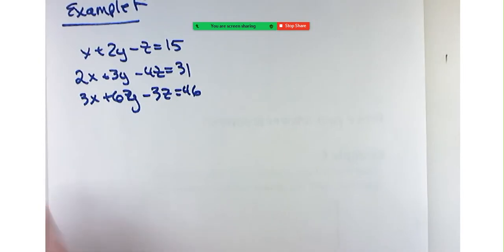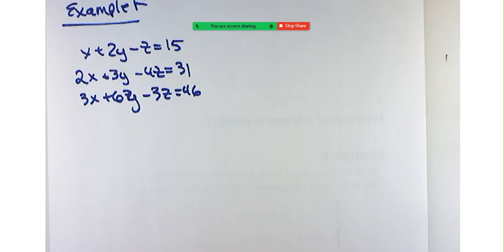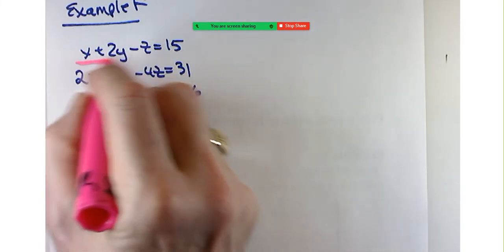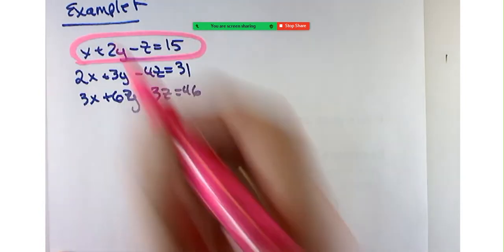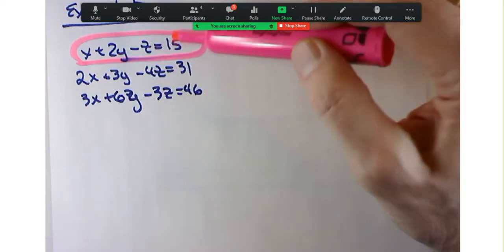So you've got your choice of what variable you want to eliminate. Now, in our case, the only equation that has variables with coefficients of 1 or -1 is the first one. So we could use the first equation to get rid of the x's or the z's.